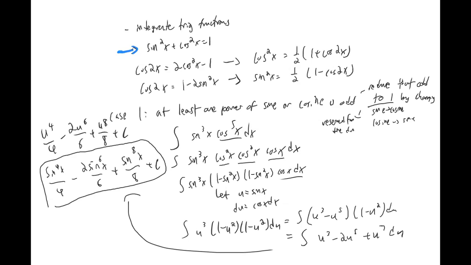So what's the second case? If case 1 is at least 1 power is odd, the last case is that no powers are odd. So everything's even. Case 2, none are odd, so they're both even. How do we do this?